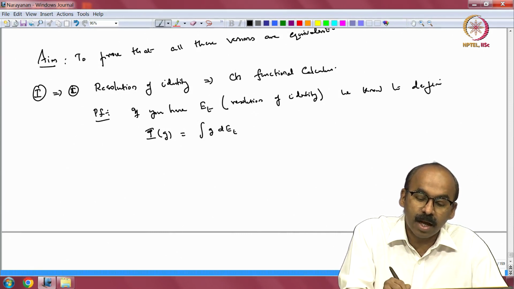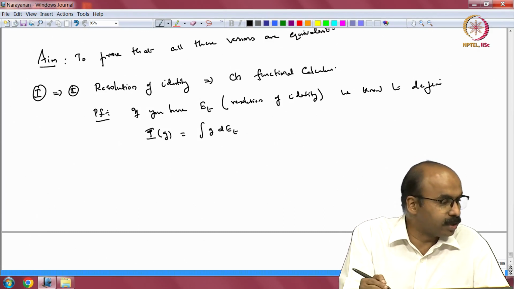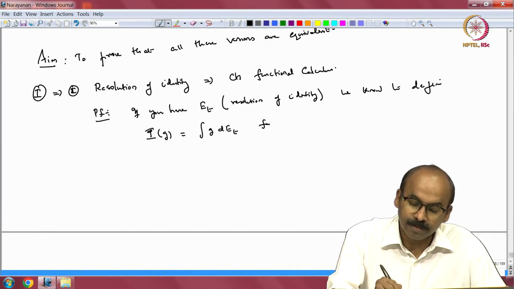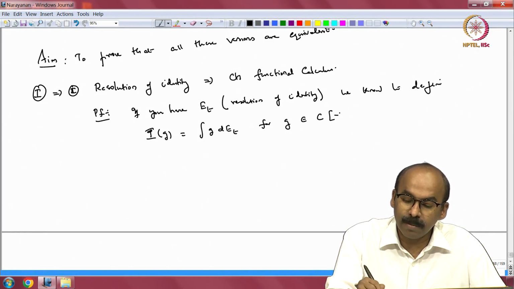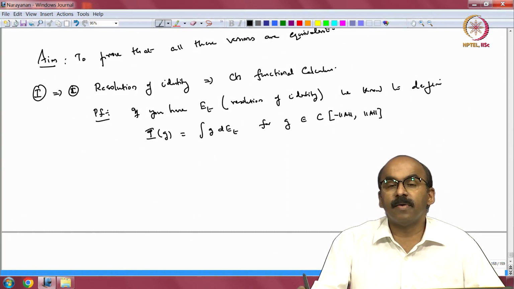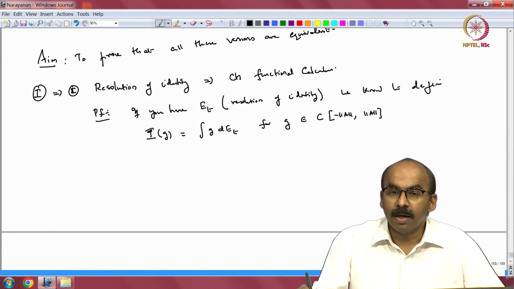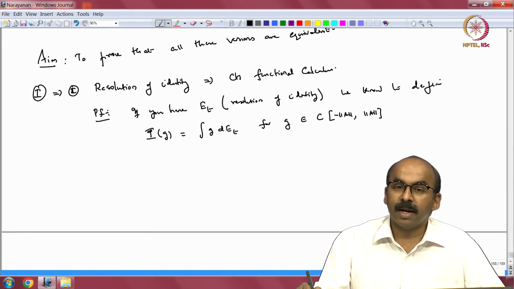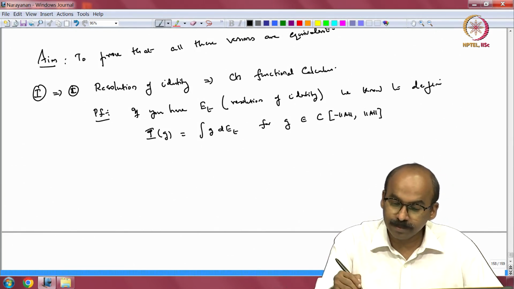And the convergence was actually in the operator norm, as long as g was a continuous function, say on minus a to a where a is the norm of A, because the resolution of identity is supported there. So, if the resolution of identity was supported in minus r to r, we defined an operator for all continuous functions there, and that is what the continuous functional calculus was, right.